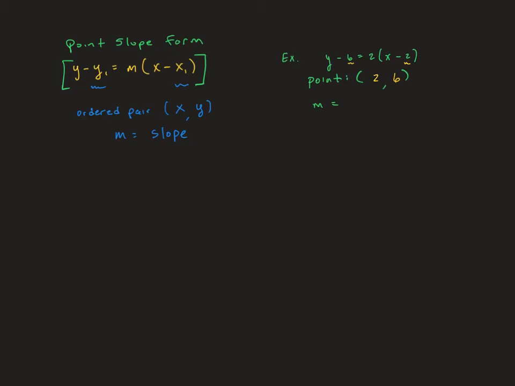So the ordered pair, or the point that I have, is (2, 6). That's my x and y. And now my slope is still going to be the value of m, which is right here, which is 2. So that's the information that I could pull from that.